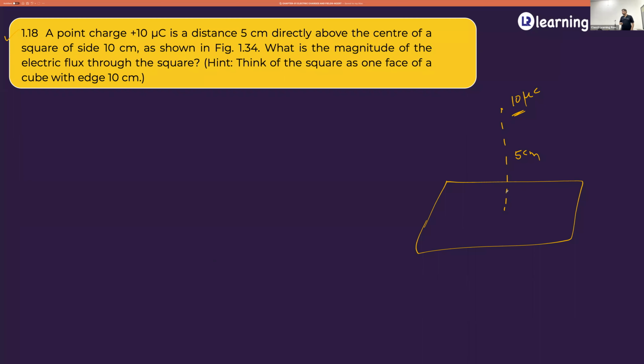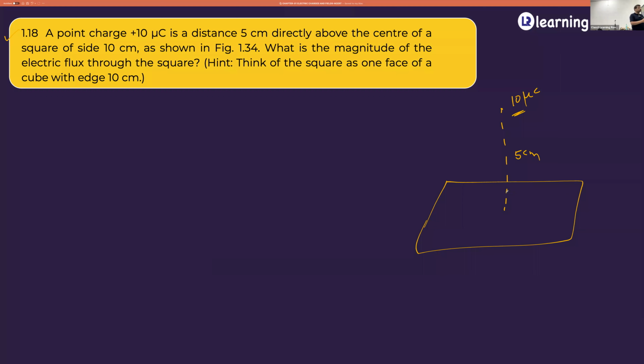So what you can do is, what shape can you assume to be symmetric with respect to this charge distribution? You have a square. So what is the shape that can be built with the help of squares? It's a cube.